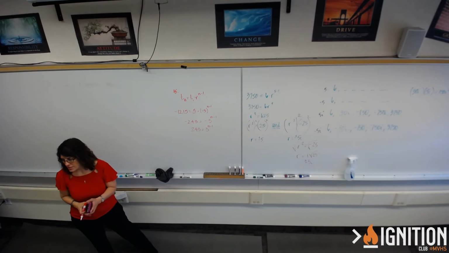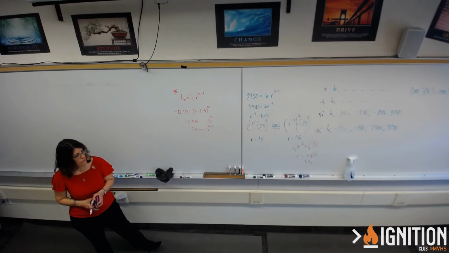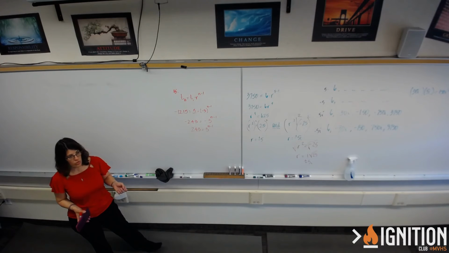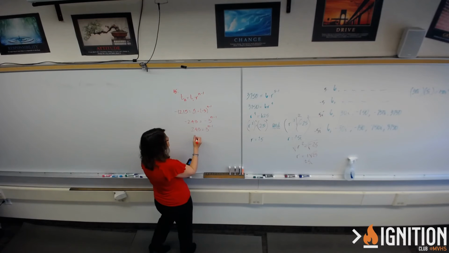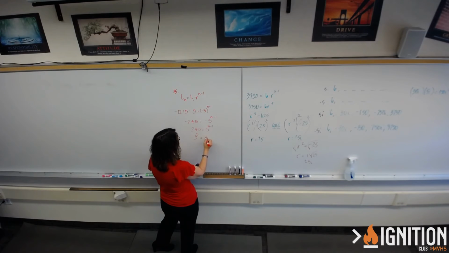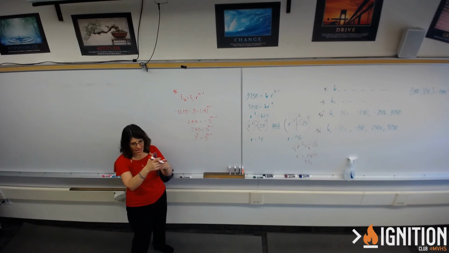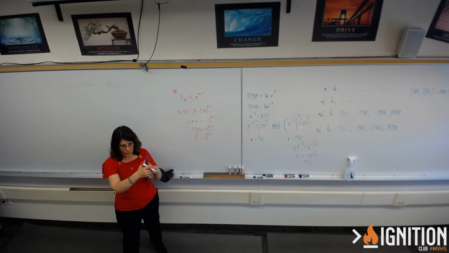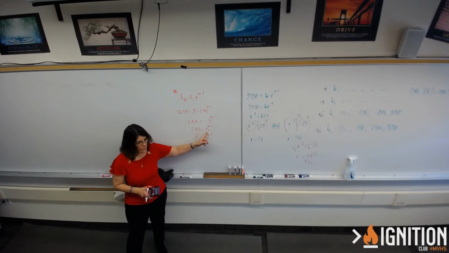Actually, you do have to use logs. Or, there are two ways you can do it. You can use logs, but it's not necessary. 243 is 3 to the 7th, I think. No dividing by 3. You do not divide by a base ever. You rewrite using the same base.